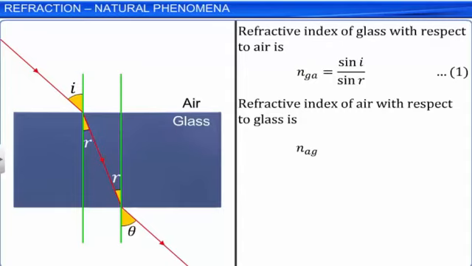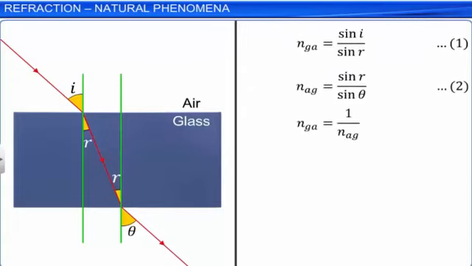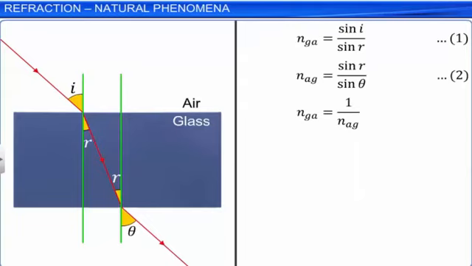But we know that nga is equal to 1 divided by nag. On substituting the values of nga and nag from equations 1 and 2, and on further simplification, we get angle i is equal to angle theta.